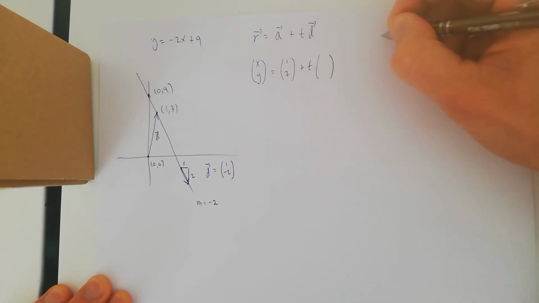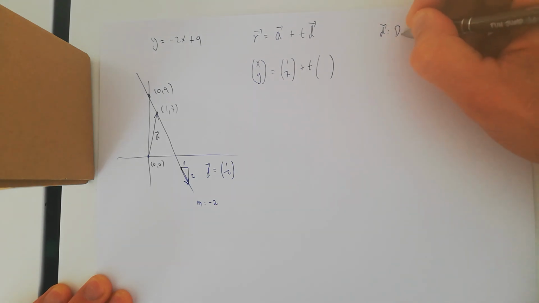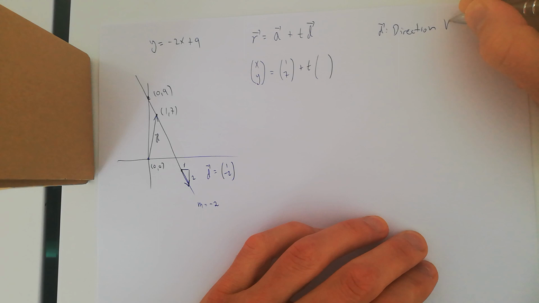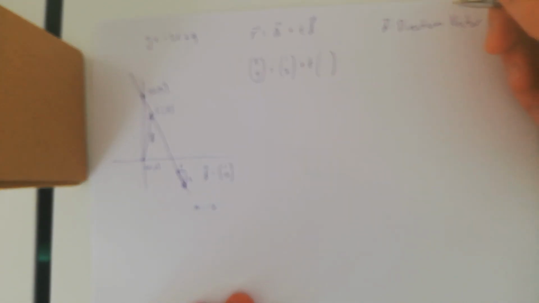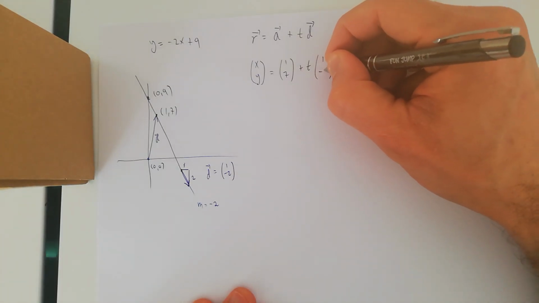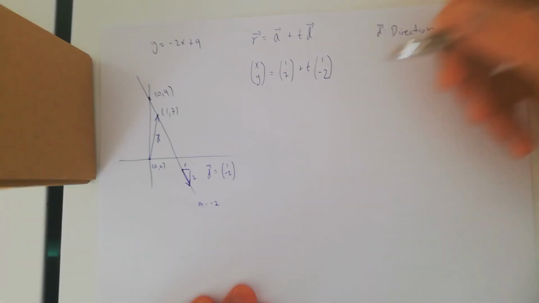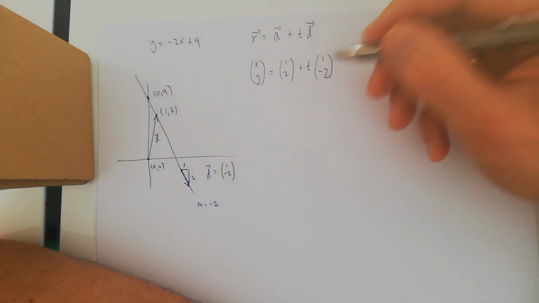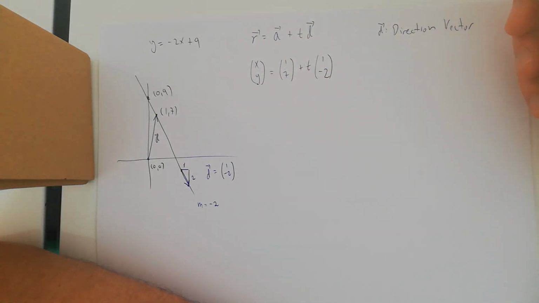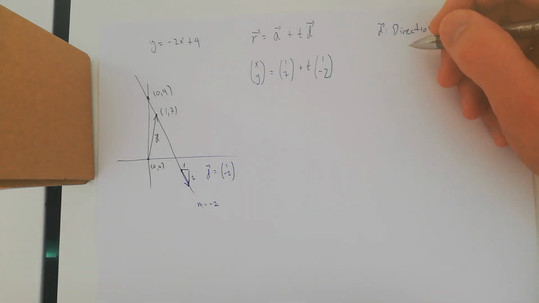D is called the direction vector, and it has to be a vector parallel to the line. So here it's the vector 1, minus 2. D could be any vector parallel to the line. For example, 2, minus 4, minus 2, 4, minus 1, 2. Any vector that is parallel to the line.